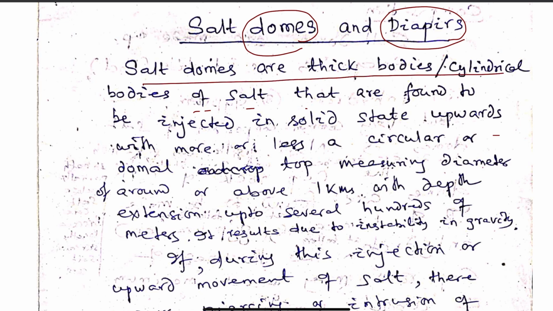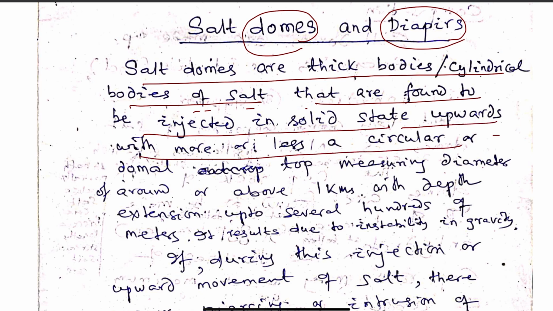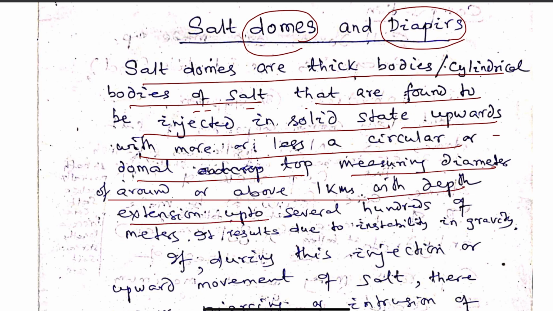Salt domes are thick or cylindrical bodies of salt that are injected in solid state upwards, with a more or less circular or domal top measuring a diameter of around 1 kilometer or above, with depth extension up to several hundreds of meters.